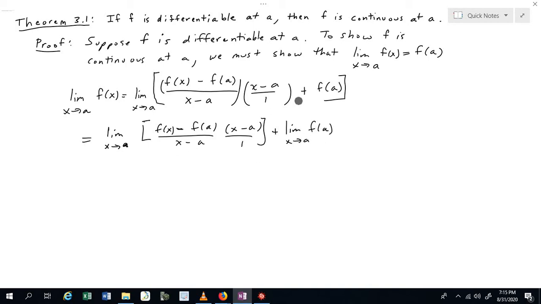Again, that's just a property of limits: the limit of the first piece plus the limit of the second piece is the same as the limit of these two added together.